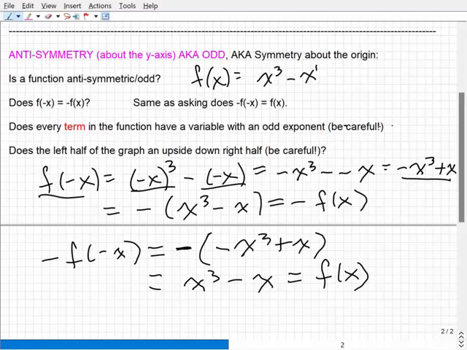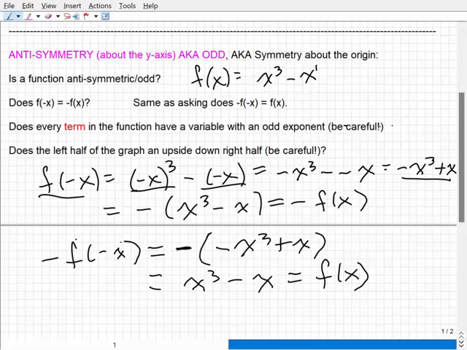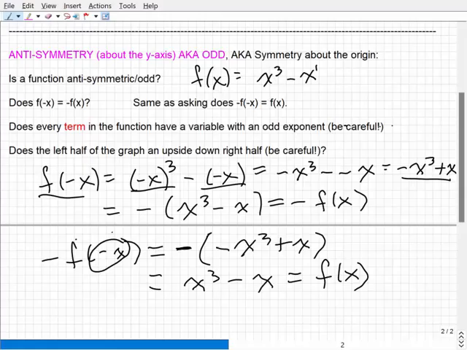All right, this says if I take the function, flip it over the y-axis, and take that thing and flip it over the x-axis, I end up with the original function. Okay, or if I took all the x's, replace them with negative x, all right, when I do that, every single term gets an extra minus sign.